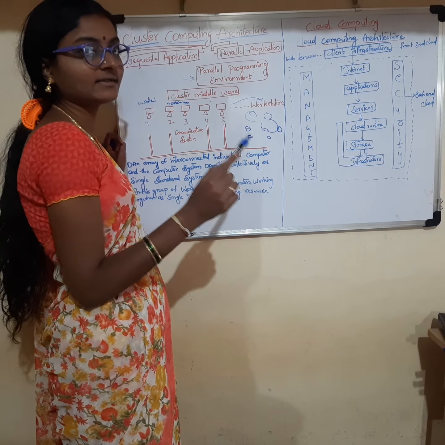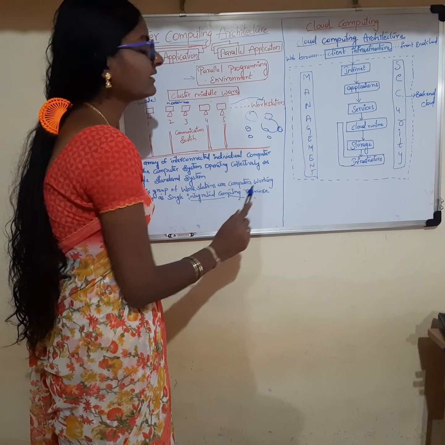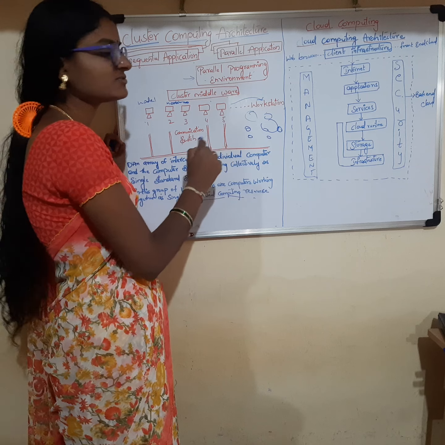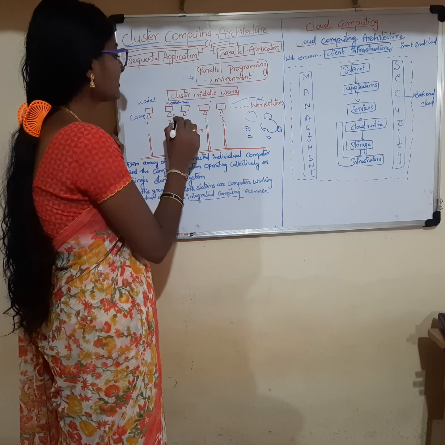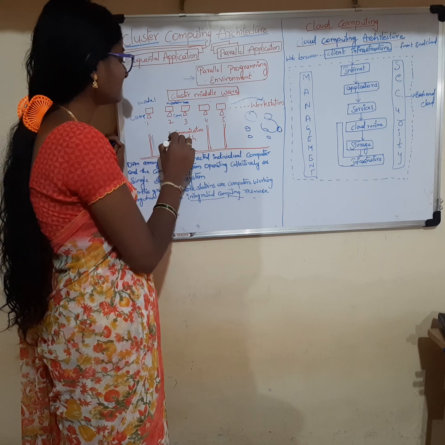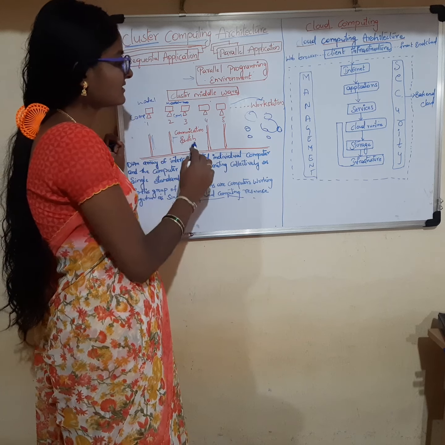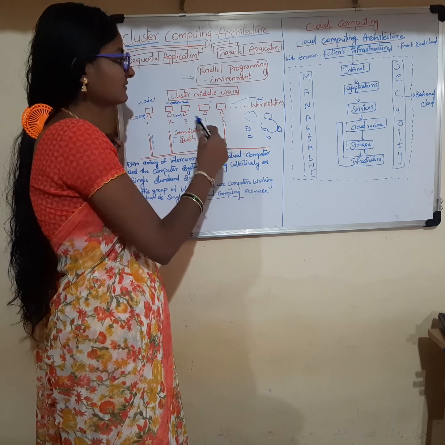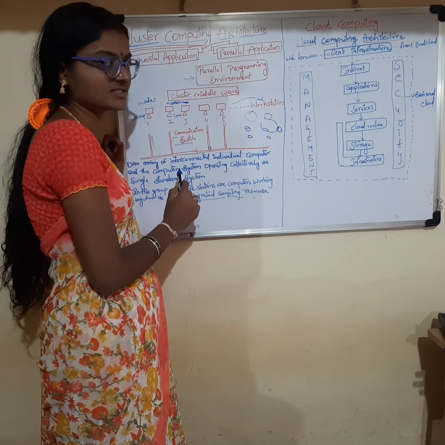It is integrated into a single integrated computing resource. Next, these are all individual computers. Each individual computer is connected to the network communication switch. These five or any other computers are connected to the communication switch.